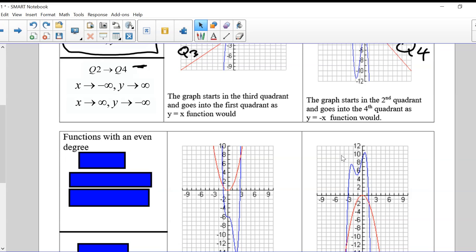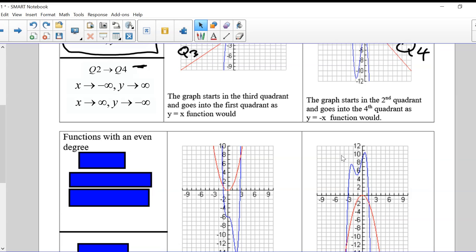So an even degree function, for instance the x squared function, is an even degree. If it has a positive lead coefficient, like a positive a, we normally say it opens up. So it looks like that red line. That red line is a quadratic function that opens up because it has a positive a.